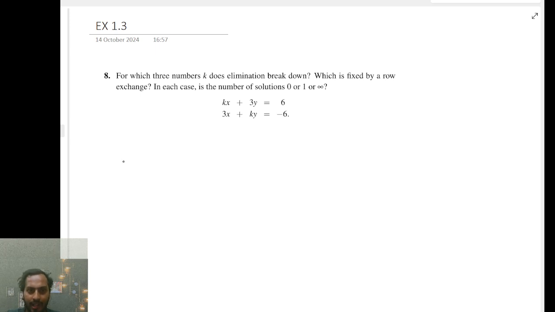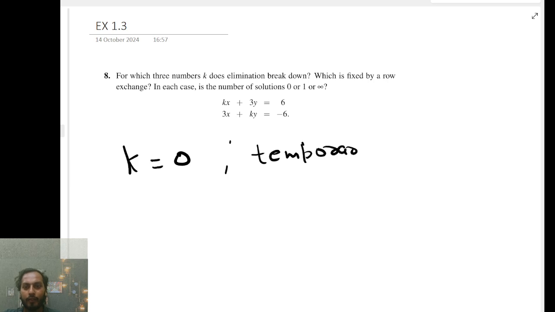The first thing is you can directly take k equal to 0. Then your first pivot becomes 0 and you cannot carry forward. But that is a temporary breakdown, because it can be fixed by the row exchange.